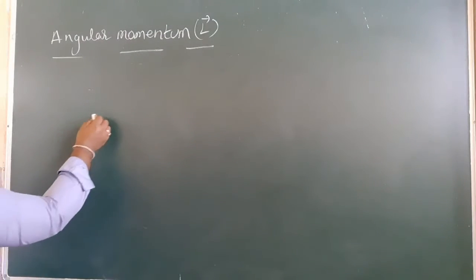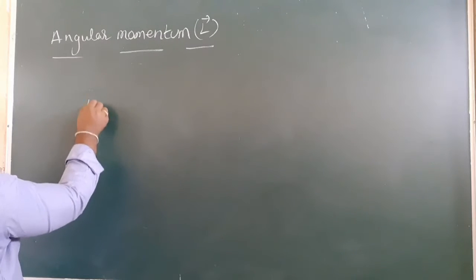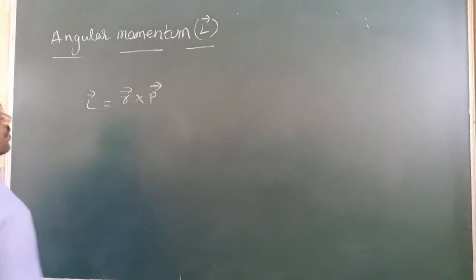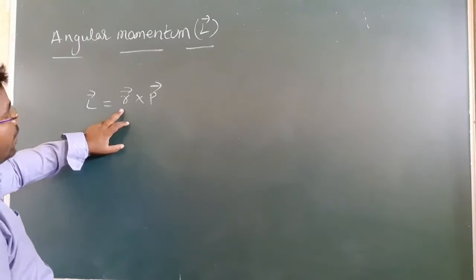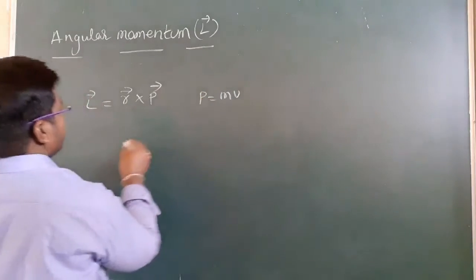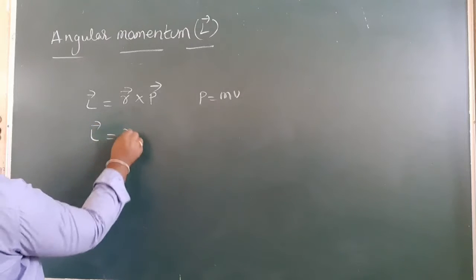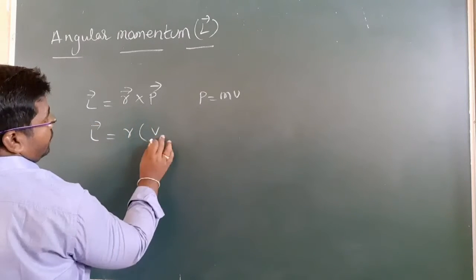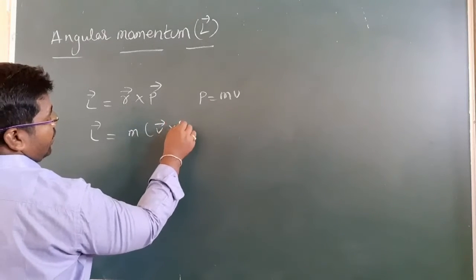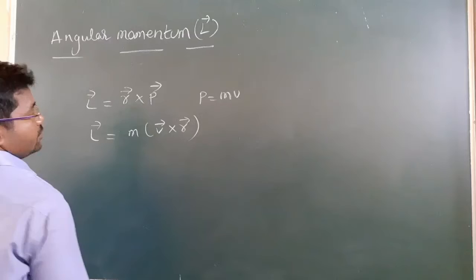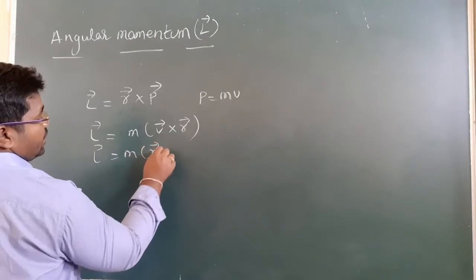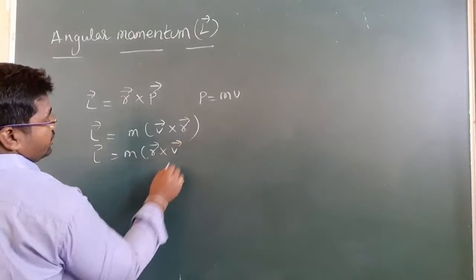So L bar is equal to r bar cross p bar. We know that p is equal to mv. Rearranging this, L bar is equal to m into r bar cross v bar.